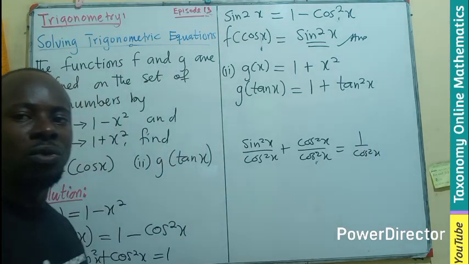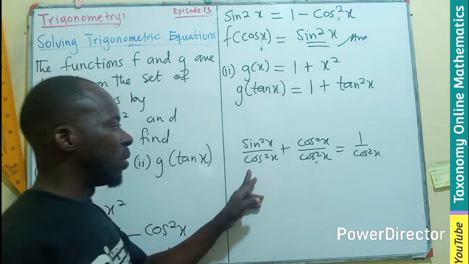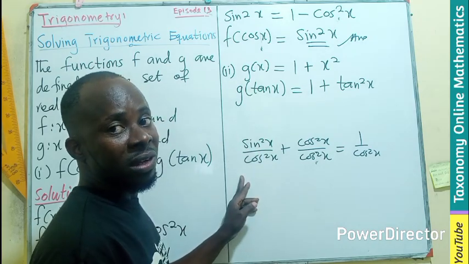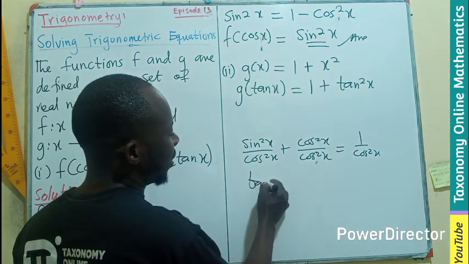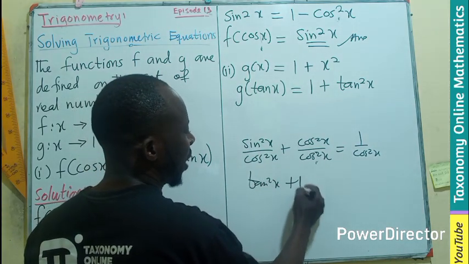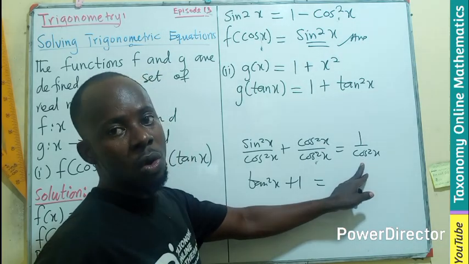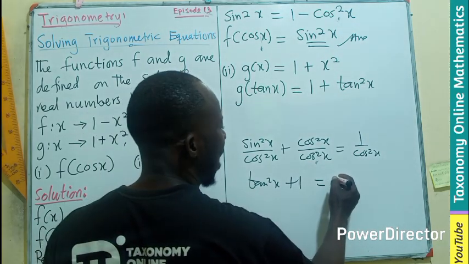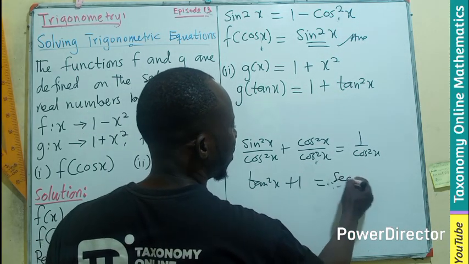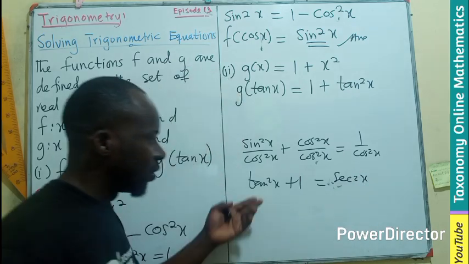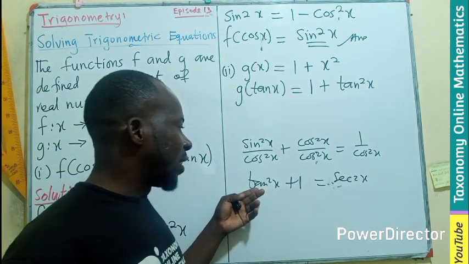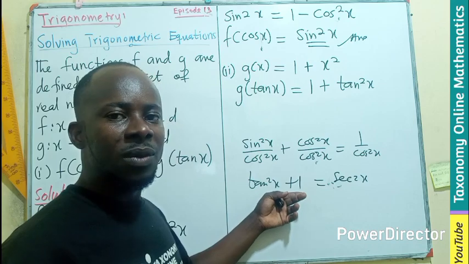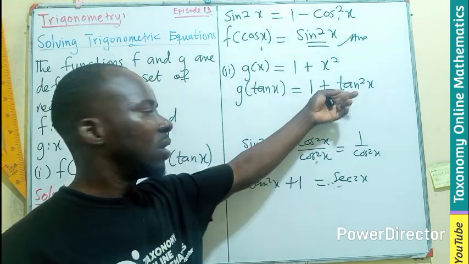Sine over cos is tan, so that is tan square x, plus 1. The inverse of cos is secant, so we have sec square x. So here I am seeing tan square x plus 1 equals sec square x.